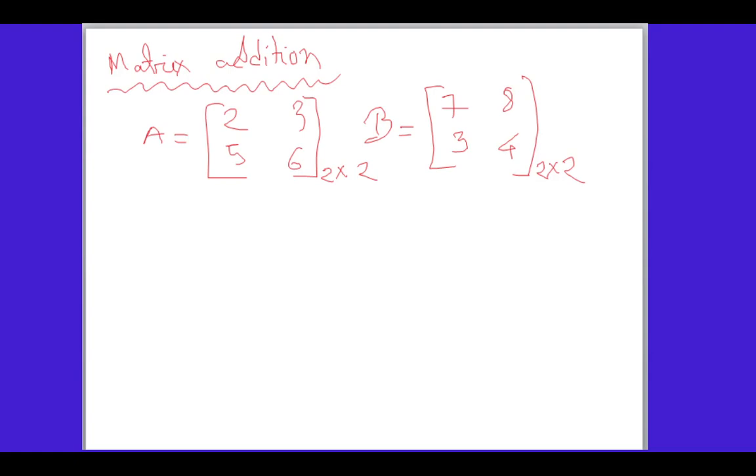So matrix addition or subtraction procedure is the same. In matrix multiplication there is another procedure. So, matrix addition and matrix subtraction.